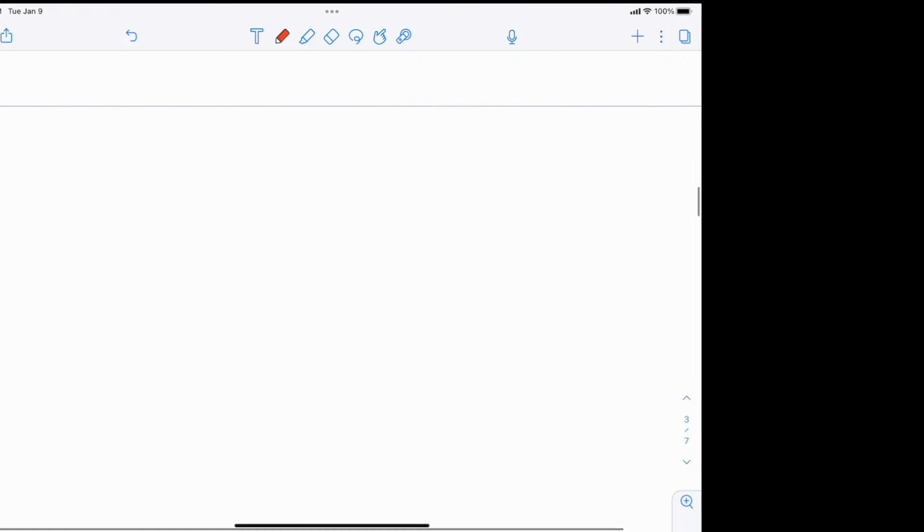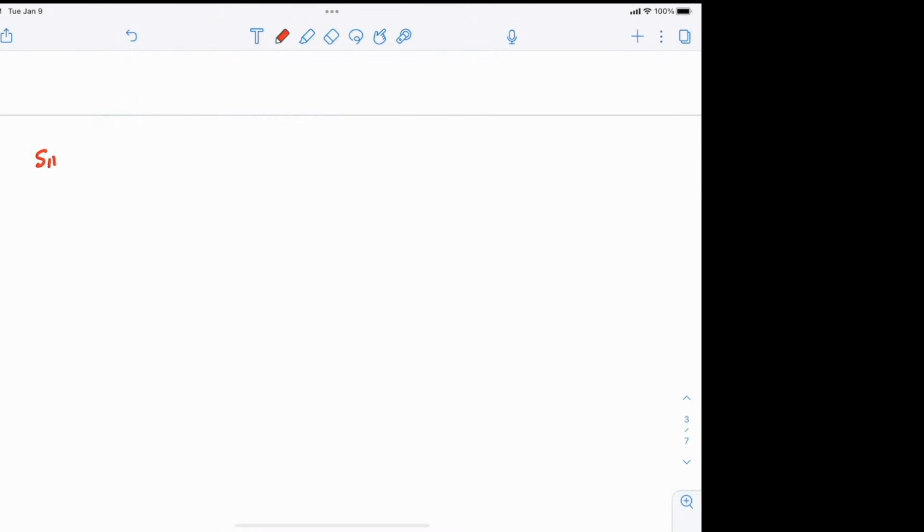So basically, if you start with sine of an angle, that's equal to, it's called SOH CAH TOA, so it's opposite over hypotenuse. This is SOH, S-O-H, opposite over hypotenuse.